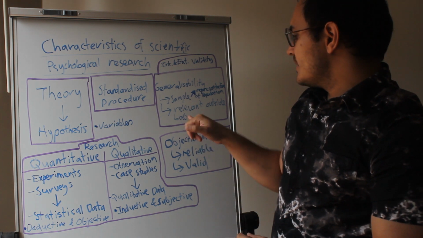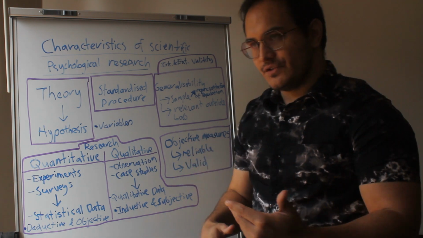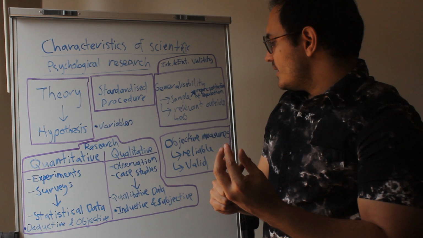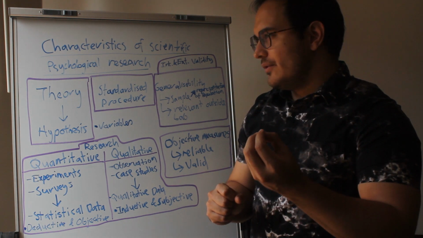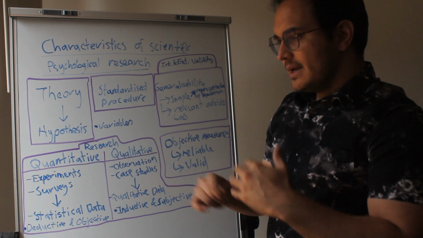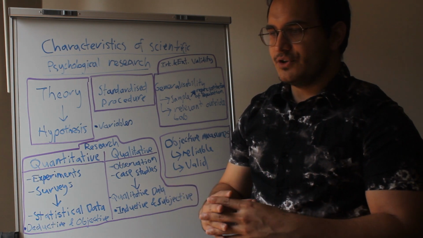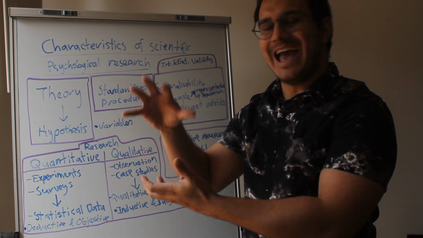Now, once you've got that, you've also got objective measures. Okay, so measures are things that measure the variables. Okay, so the only example I can think of off the top of my head is emotional intelligence. It has an emotional intelligence scale.